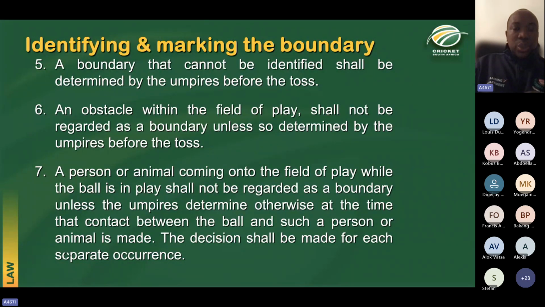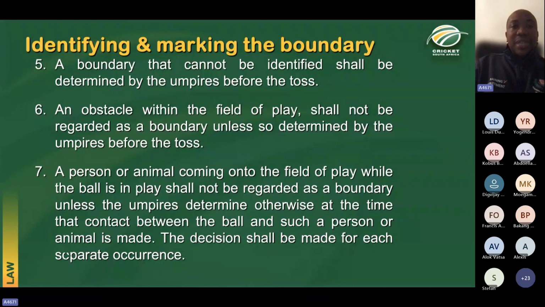What you need to decide as the umpires is if the ball had not hit the dog that has walked onto the field of play, would it have gone for 4 or not? If you feel that the ball would have crossed the boundary, then you call and signal boundary 4.